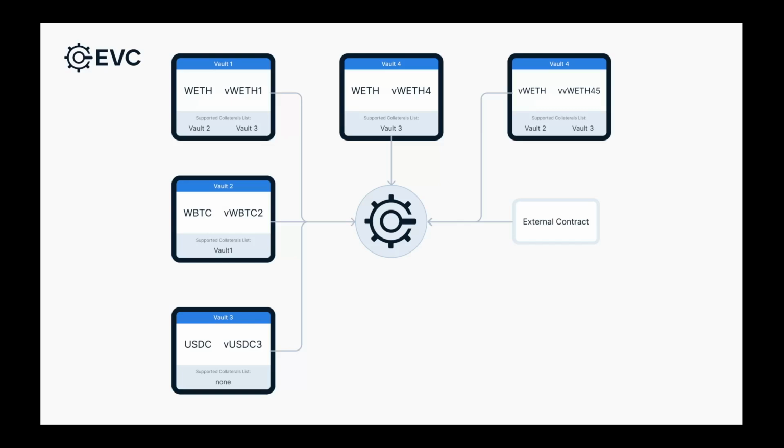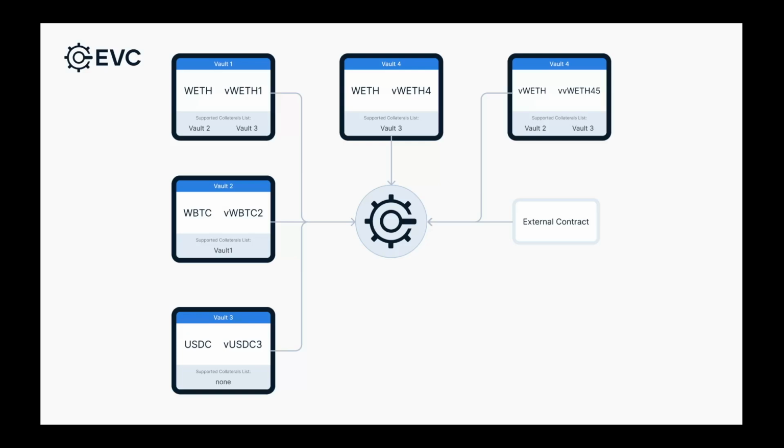So with that setup, what can we achieve? Well, we can have multiple lending protocols that are built on top of the EVC in parallel that can be interoperable, and this should allow for easy bootstrapping of new products.